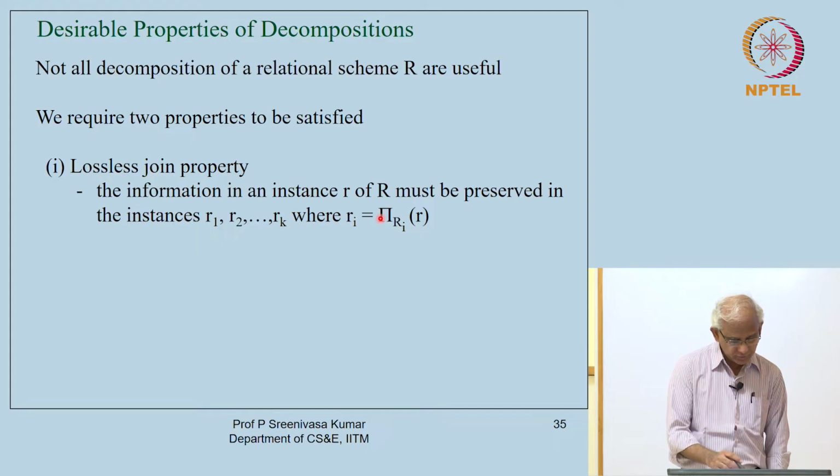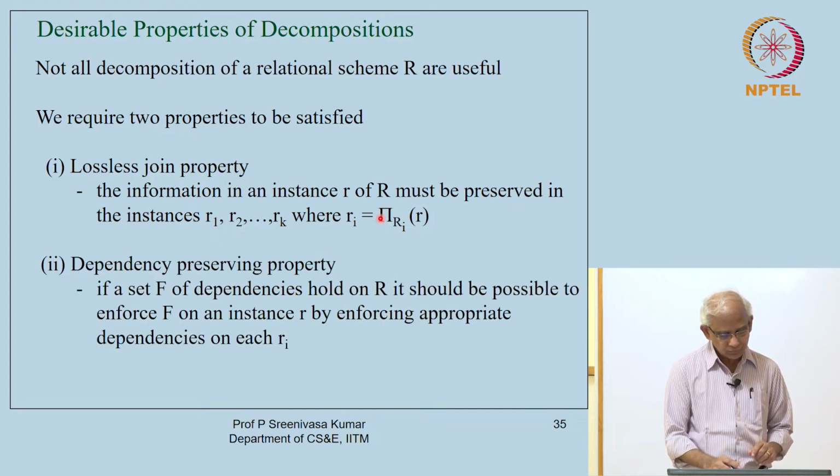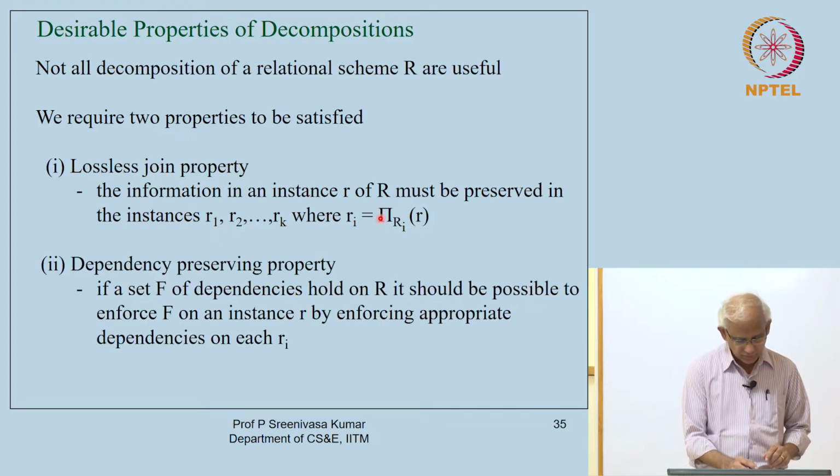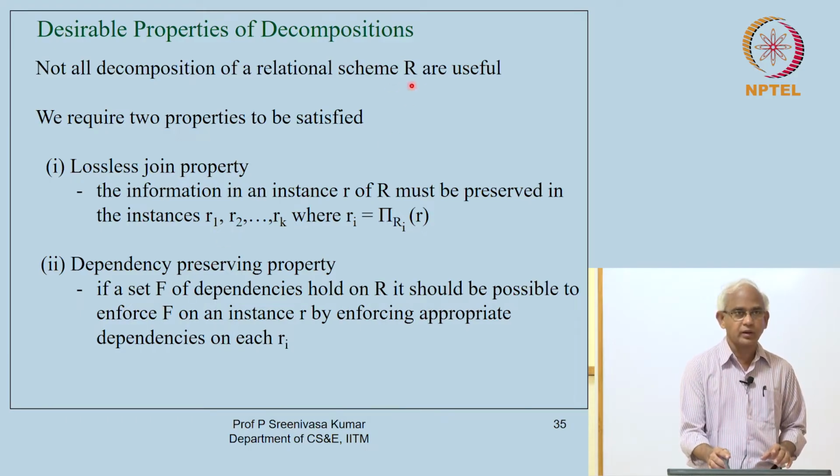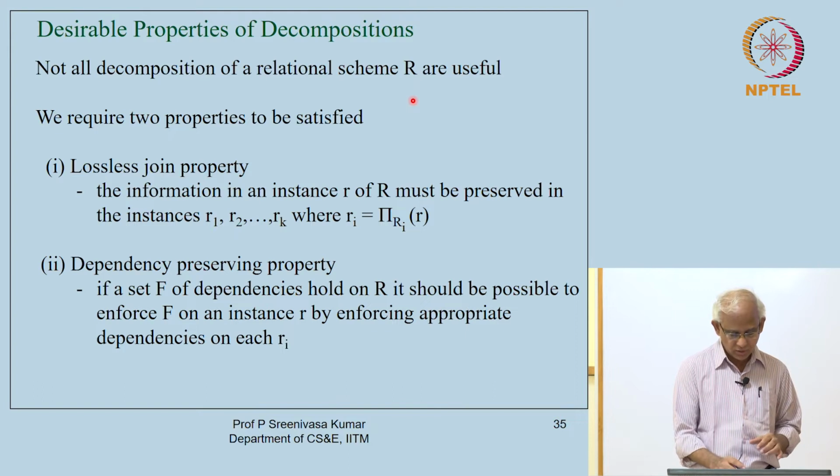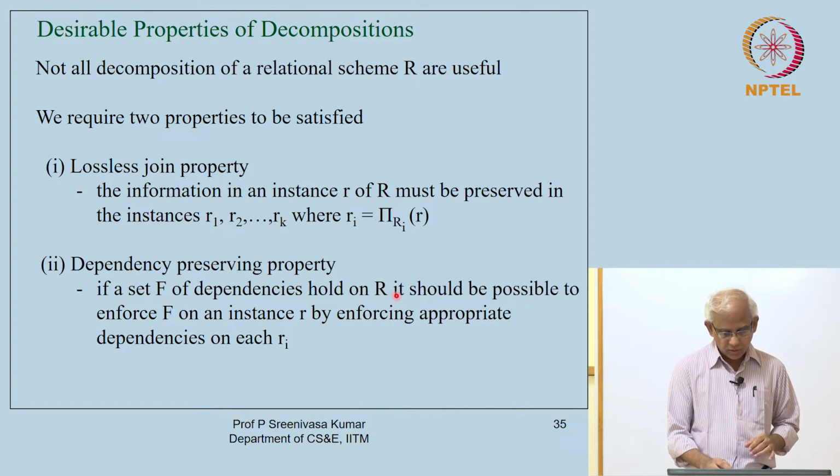Then this is one thing. The other thing is that supposing there was a set of functional dependencies that were holding on the relation scheme R, okay.